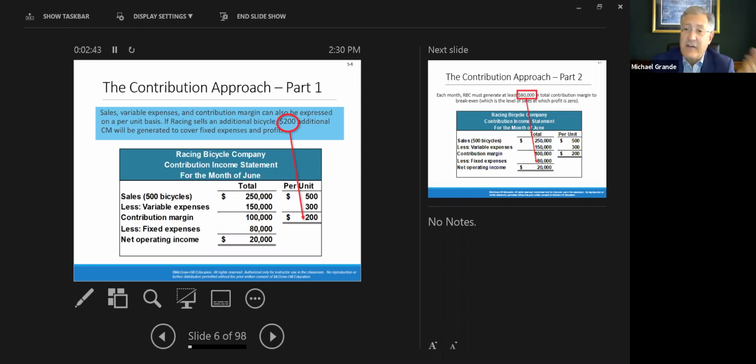Because they're selling 500 bicycles, the total revenue is $250,000. Quantity times price. Number of units, 500 bicycles. Price, $500 per unit. Sales revenue, $250,000. Similarly, the variable cost per unit is $300 per unit. And how do you get the variable expenses?